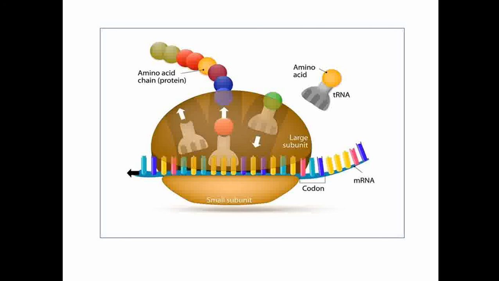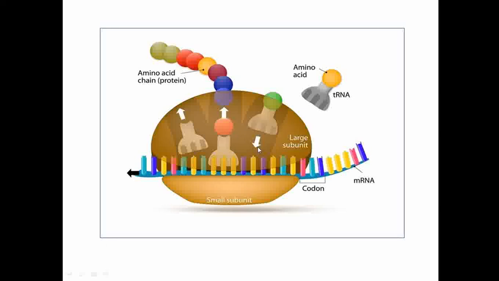This diagram shows the process of protein synthesis, in which the amino acid chain of protein is getting formed here. One amino acid which is present on the tRNA comes to the first site of this mRNA, with the small and large subunits, this is the large subunit and the lower one is the small subunit.